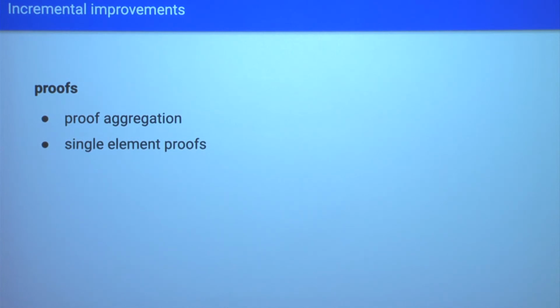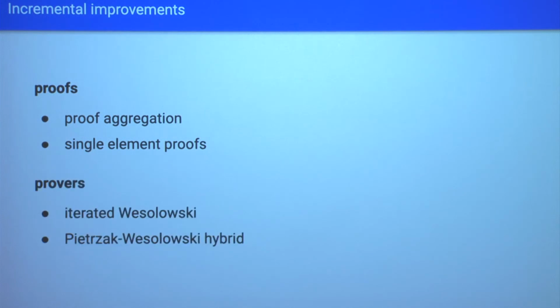If you have an RSA group of 2,000 bits, then the proof size is just 2,000 bits, which is 256 bytes, tiny. We found new and improved provers. We have the iterated Wesolowski prover, which is much more efficient than the plain Wesolowski. We've had hybrids where we mix Pietrzak and Wesolowski, so we're basically exploring the set of trade-offs and finding the best constructions appropriate for us.